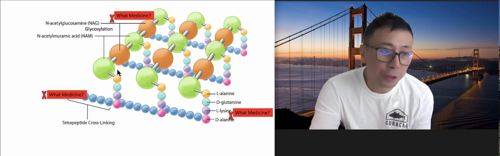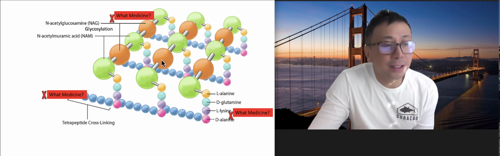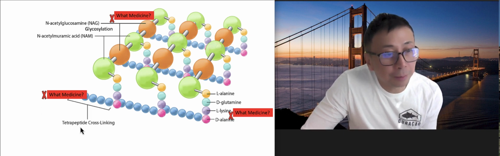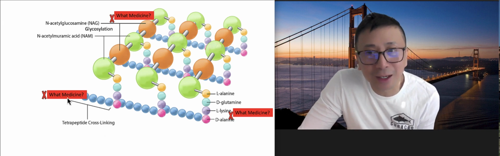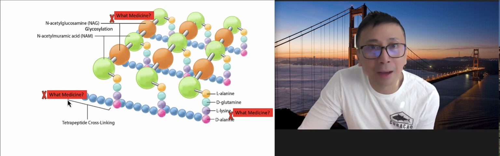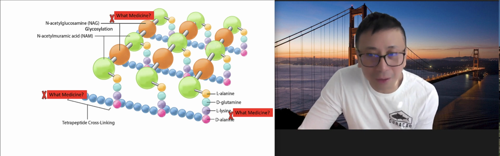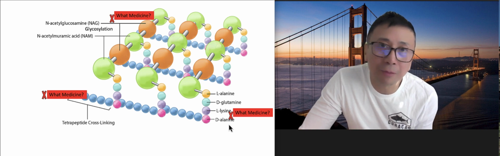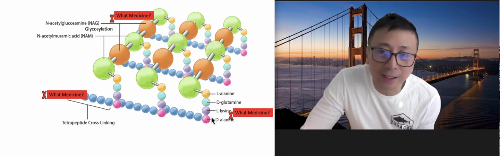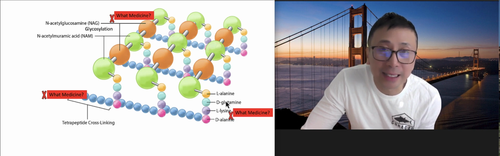So, review here. With this, you want to stop the transpeptide cross-linking. What medication again did we say? The beta-lactam antibiotics. Good. And here, you want to stop from forming the amino acids, like the L-alanine, glutamine, lysine.